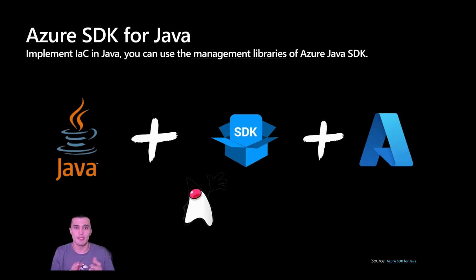With these management libraries, you can write configuration and deployment scripts to perform the same tasks that you can do through the Azure portal, the Azure CLI or Terraform. There are plenty of samples available on how to use this library. You can check them in the ARM sample client library GitHub repo.